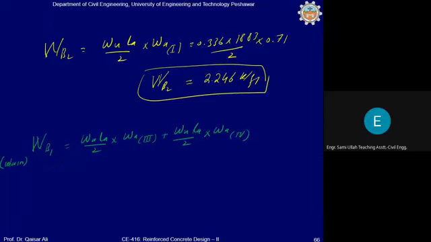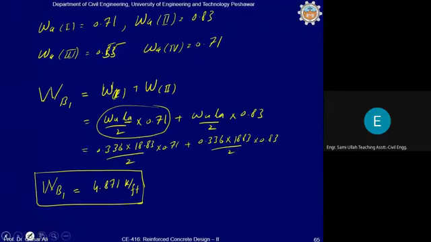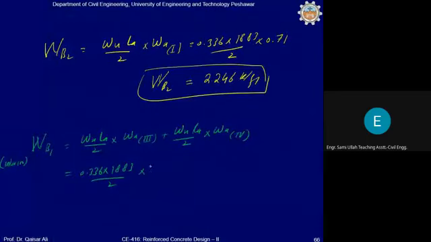Okay, so let's put 0.336 multiplied by 18.83 divided by 2 multiplied by WA of panel 3, which is 0.55, and for panel 4 it is 0.71. So it is 0.55 plus 0.336 into 18.83 divided by 2 multiplied by 0.71. So how much is the load?